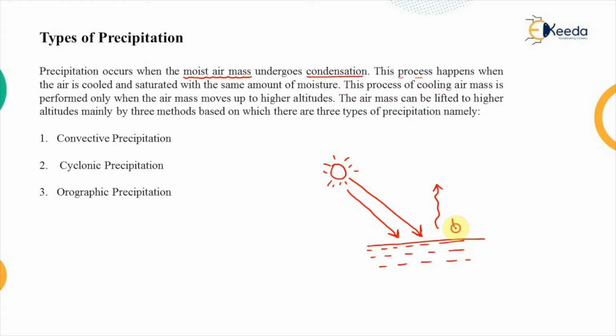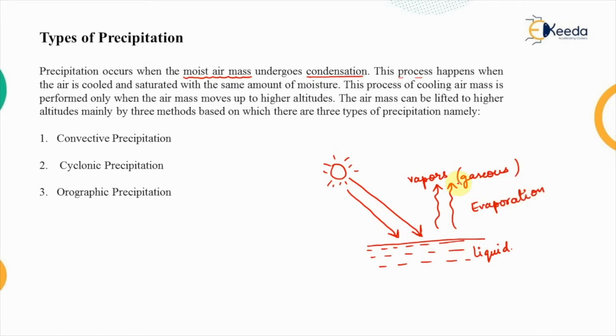That means this water will be converted into water vapors, which is the gaseous form. This process of converting the state of matter from liquid to gas is known as evaporation.